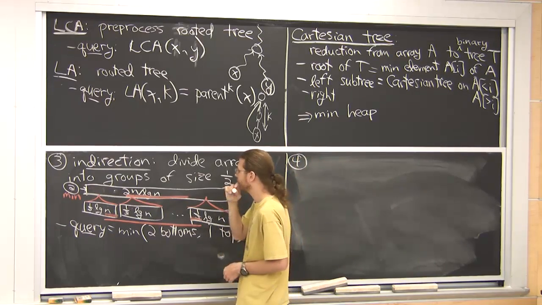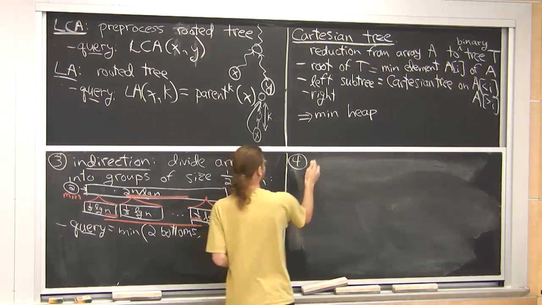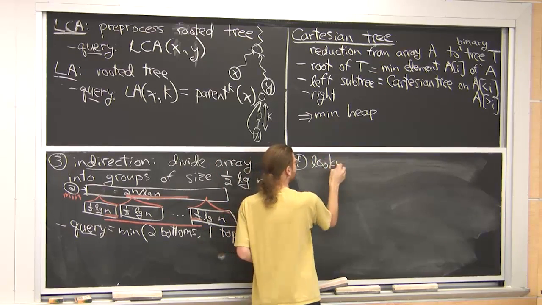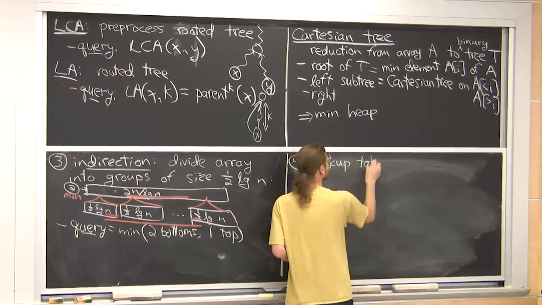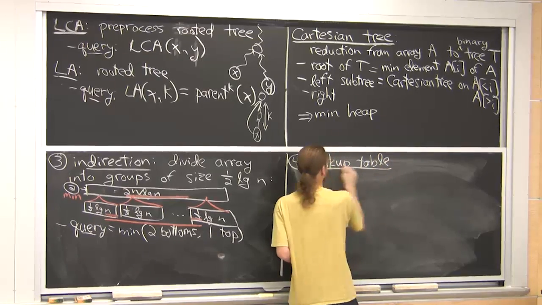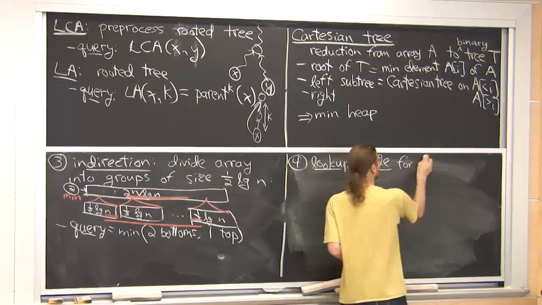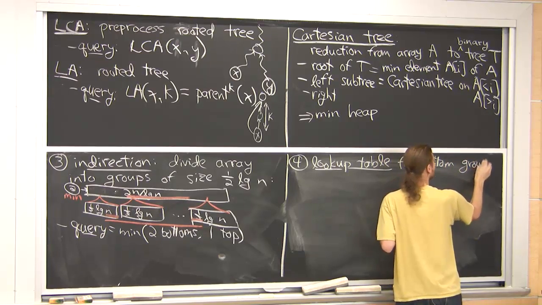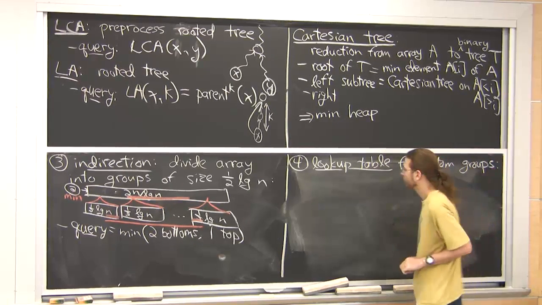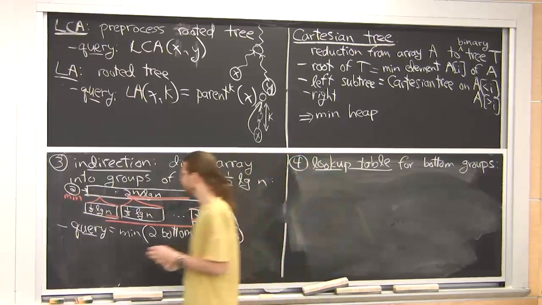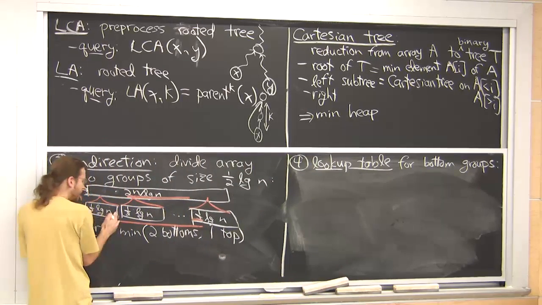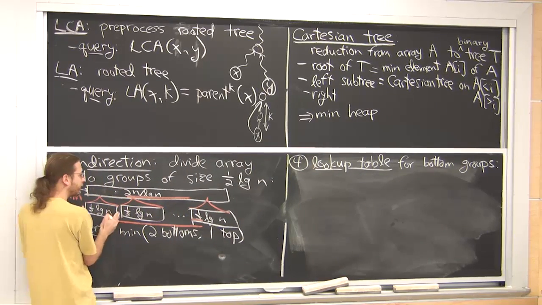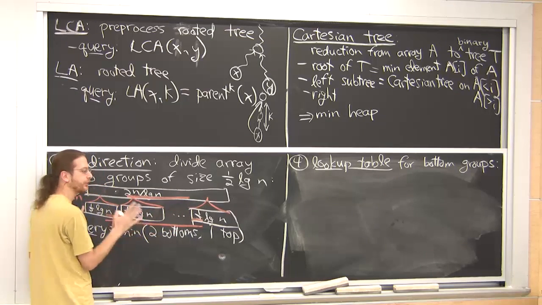So step 4, this is where we're going to use the technique of lookup tables for bottom groups. This is going to be slightly weird to phrase because on the one hand I want to be thinking about an individual group, but my solution is actually going to solve all groups simultaneously, and it's kind of important.